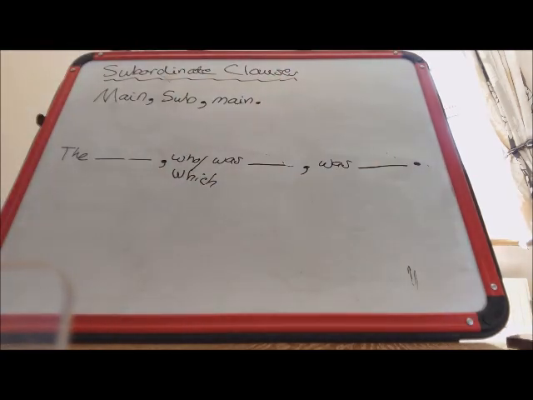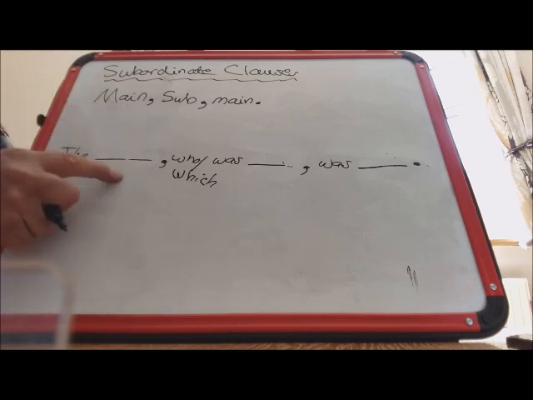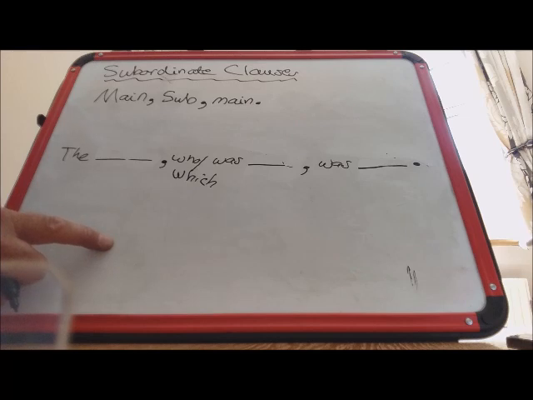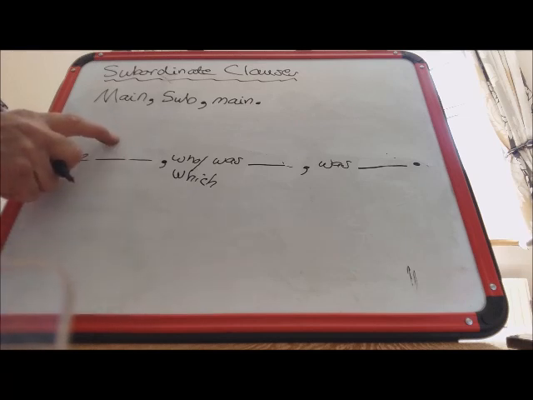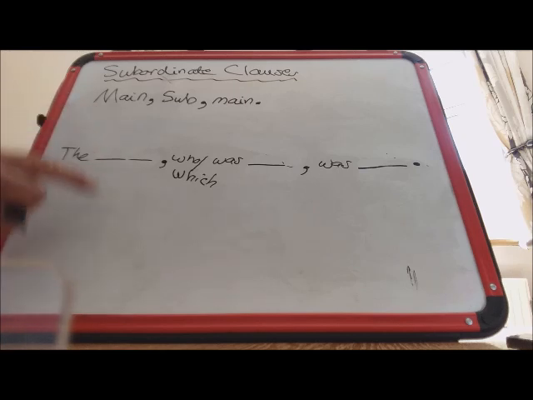And what I want you to do is I want you to write about 2 or 3 different things. Okay, so you could, for example, write about the bicycle, or the car, or the bedroom, or the house, or the street, or the teacher, or the child, or the parent. Okay, or anything you like.